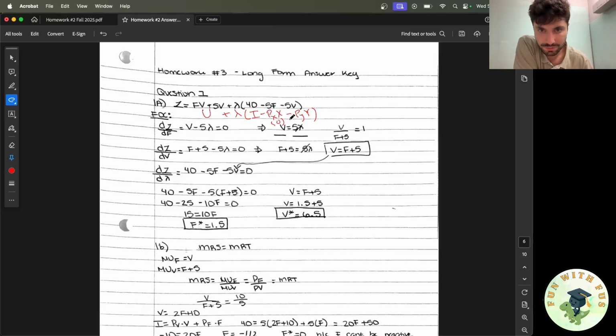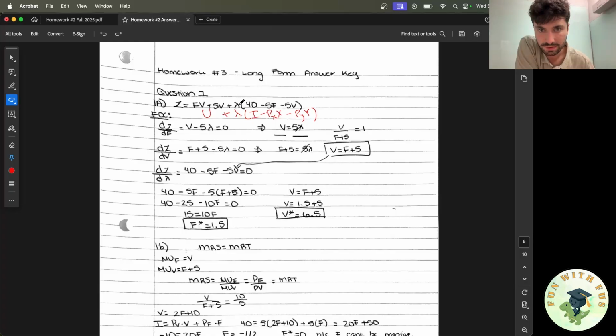And what you do from this step is, I'll try to clean up a little. So once you have your Lagrangian equation written out, we always just take these first order equations, and this is just the partial derivative. So, for this example, you would knock off the f, the 5v would disappear, and you're always going to get the corresponding piece from your budget.